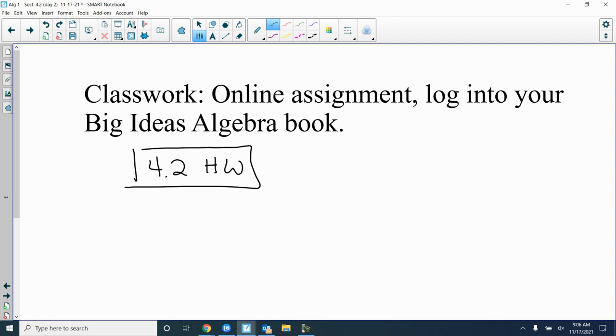If you're unsure on the process or how to input things, we can help you a little bit with the computer. But I want you to get used to doing assignments like this. If you have trouble finding it, let me know, but it should pop up on your assignments. Go to the Big Ideas book, and yep, section 4.2 homework. There we go.